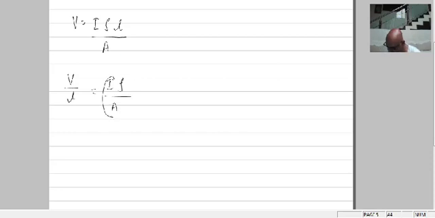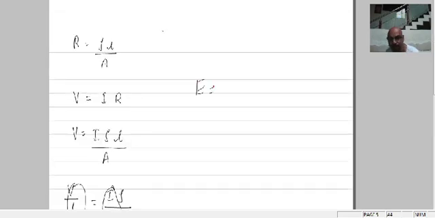What is I by A? J. What is V by L? E. So therefore you can now write E is equal to J into rho. Can you write rho is equal to 1 divided by sigma?